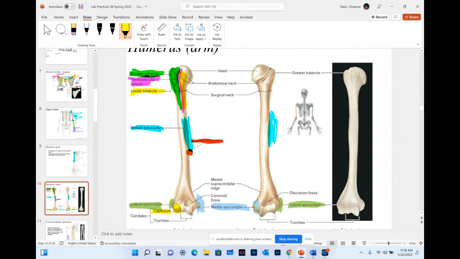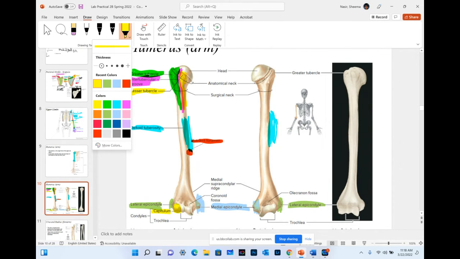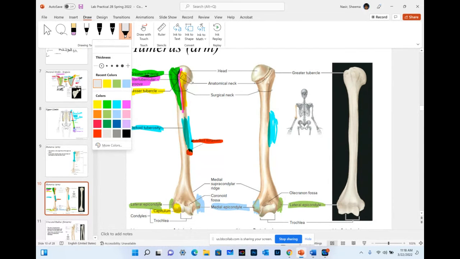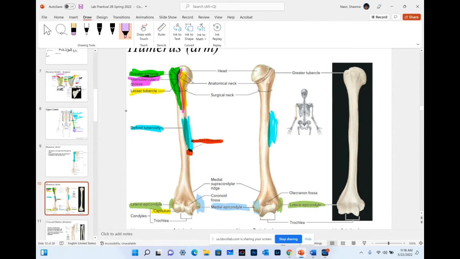Next to the rounded area, you are going to see this part.